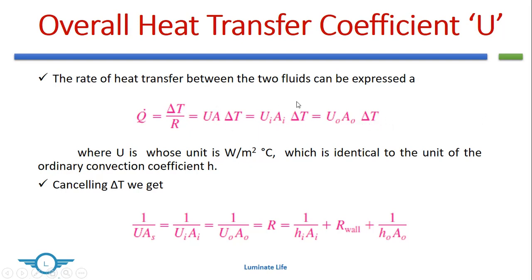Now if we rearrange this equation and cancel out delta T, we get 1 by UA, where we represent A by As, the surface we are considering.